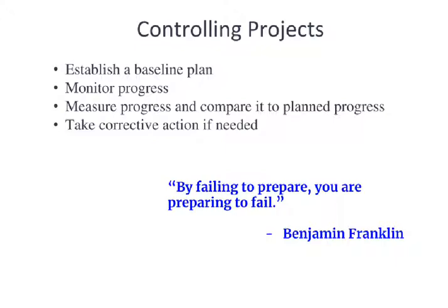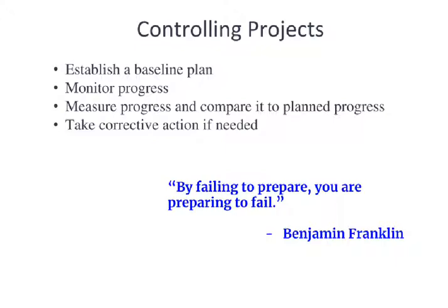One is not sufficient. Once you've compared the two and you've looked for where there's differences, we get to the fourth phase, where we take corrective action if needed. Now, the nature of the corrective action can be multifaceted. Perhaps the progress is lacking and we need to do something to improve progress on the project or improve the way the project is proceeding to better match the baseline plan.